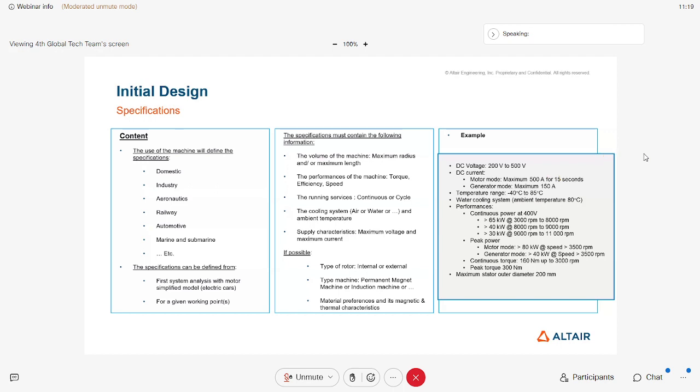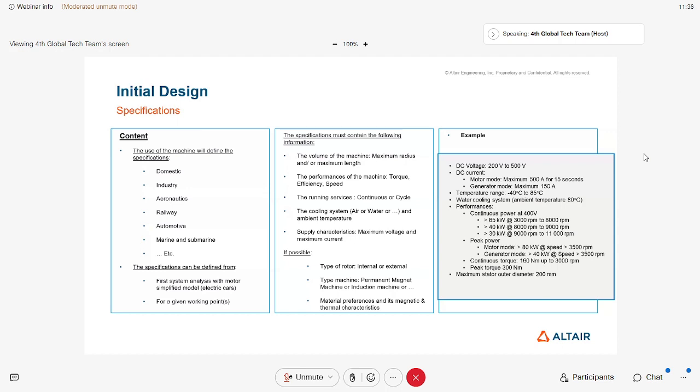Okay. Yeah, so then once again, the specification is different according to the application we have.